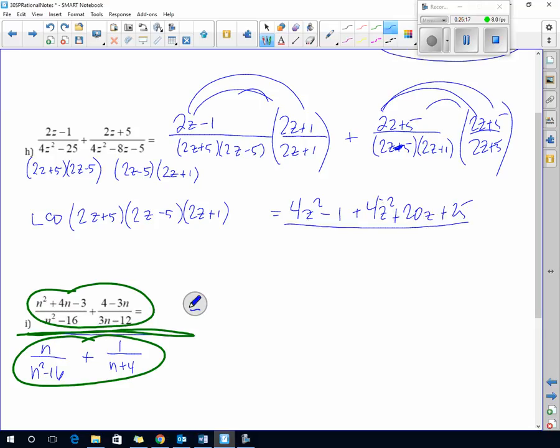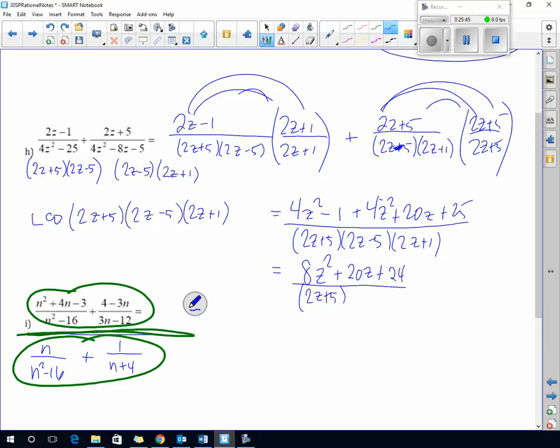So my final answer is 8z squared plus 20z plus 24 all over (2z plus 5)(2z minus 5)(2z plus 1). What do you think about that?